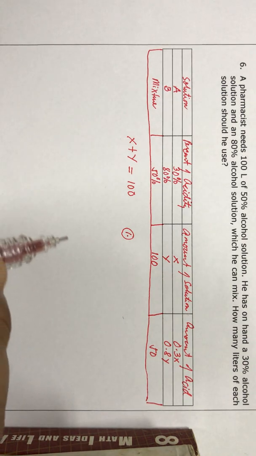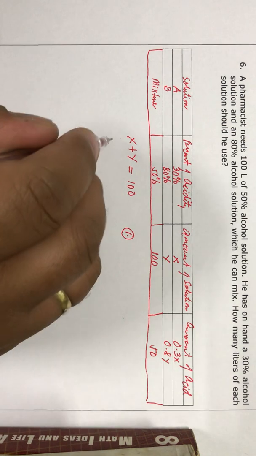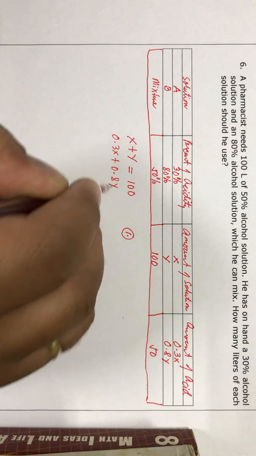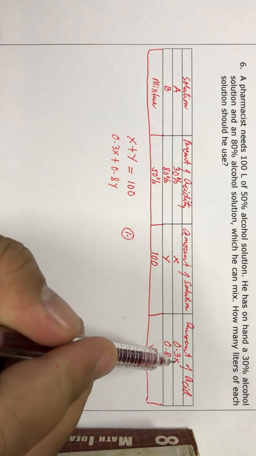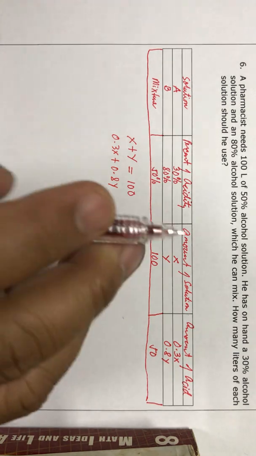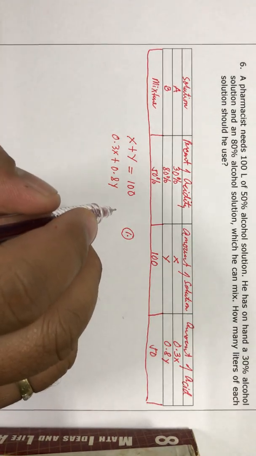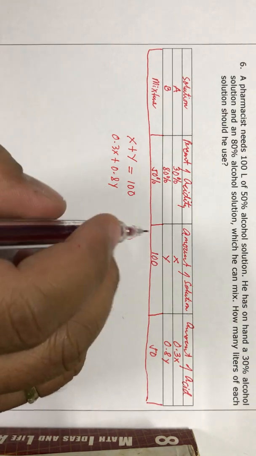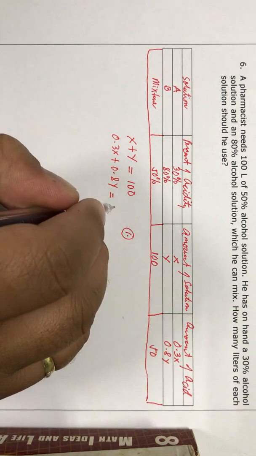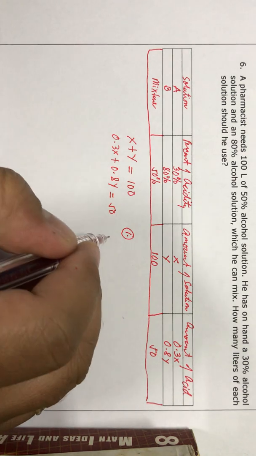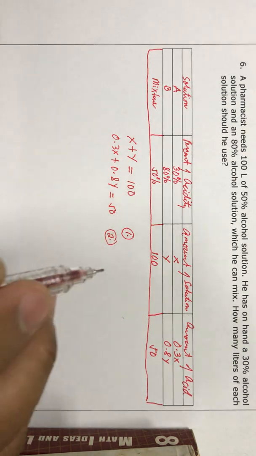Next equation. 0.3x plus 0.8y. That's the amount of acid for solution A and solution B respectively, which is obtained by multiplying the percent of acidity by the amount of solution. It would be equal to 50, which is 50% of 100. That's equation number 2.